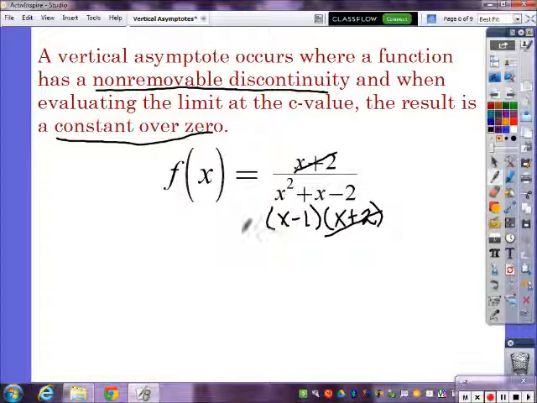So looking at it as a limit, and I want to determine a vertical asymptote, the official notation would be the limit as x approaches whatever the non-removable discontinuity is, which is x equals 1, of x plus 2 over, and we'll just leave it in factored form, x minus 1 times x plus 2.